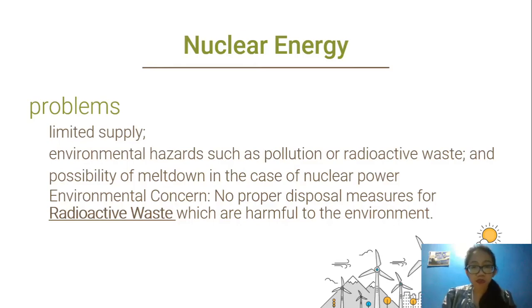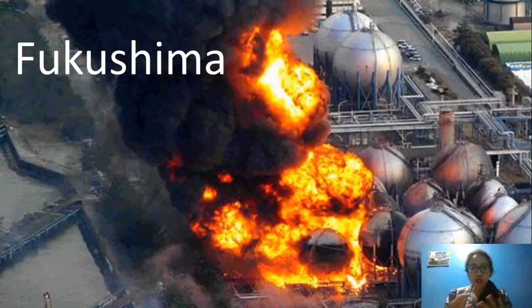of possible meltdowns. Japan has a lot of nuclear power plants. And I think one of the horror stories is Fukushima, the meltdown of the nuclear power plant in Fukushima. What happened there is, if you can recall, there was a tsunami.